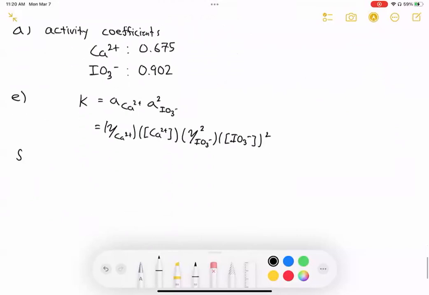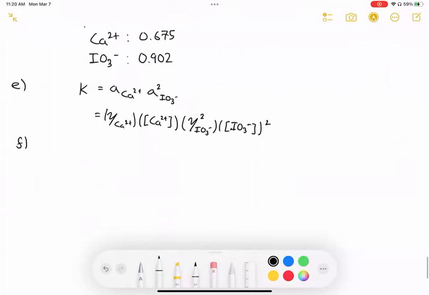Now part F, we're going to represent this equation by substituting solubility X. So our equation should be written in terms of X and the activity coefficient. Okay. So now K would equal the activity coefficient of calcium 2 plus times X for our solubility here times the coefficient for iodate minus multiplied by the concentration now, but remember the concentration is a little bit different.